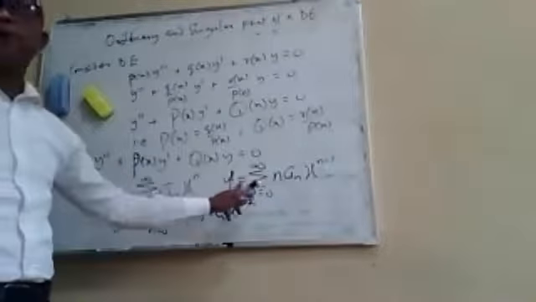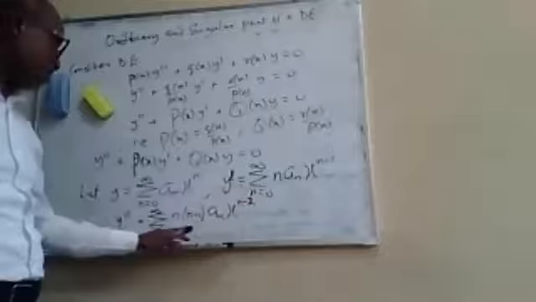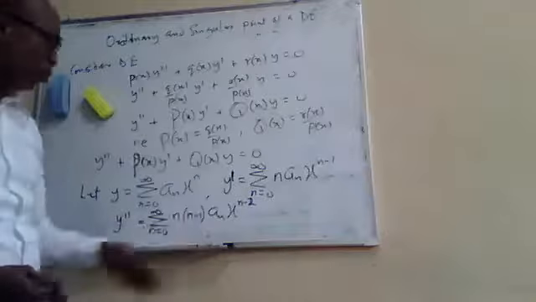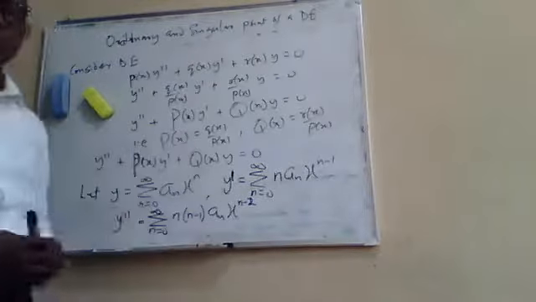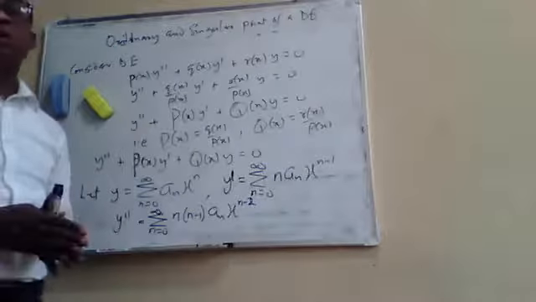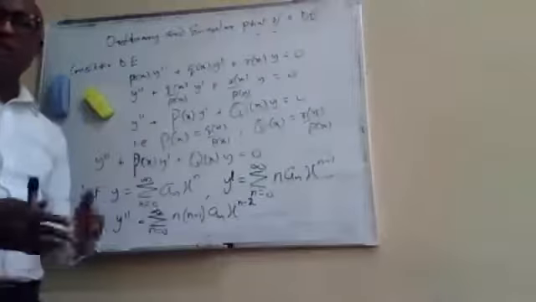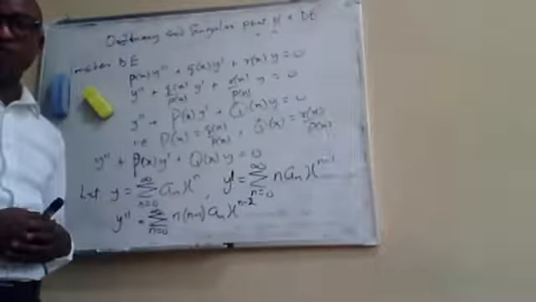So y is this, y prime is this, and this is y prime prime. All you need to do is substitute into the given differential equation, then simplify, and you obtain the solution in the form of a series, for which you obtain a recurrence relation.